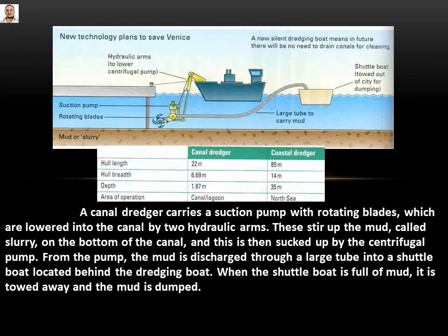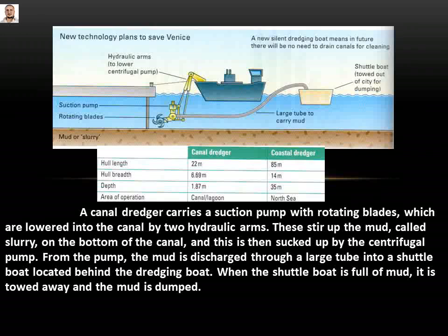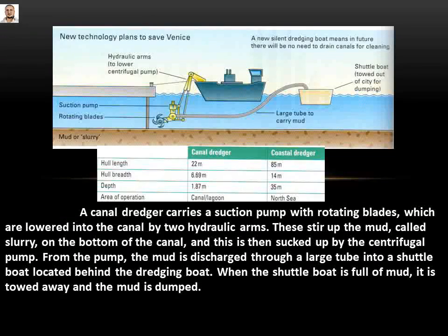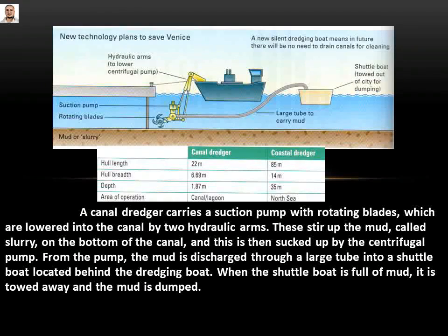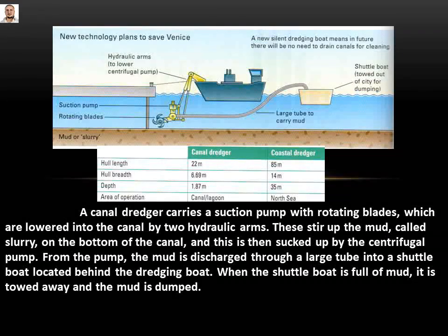Okay, a canal dredger carries a suction pump with rotating plates, which are lowered into the canal by two hydraulic arms. These stir up the mud, called slurry, on the bottom of the canal, and this is then sucked up by the centrifugal pump.